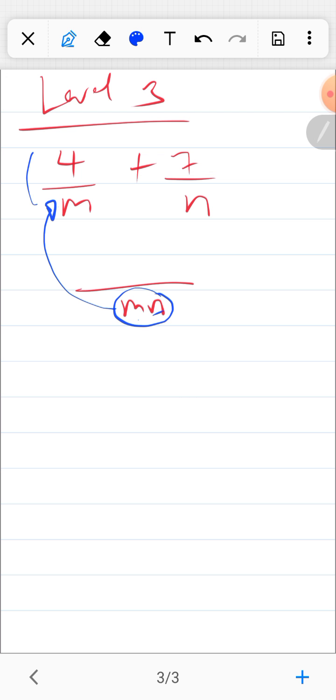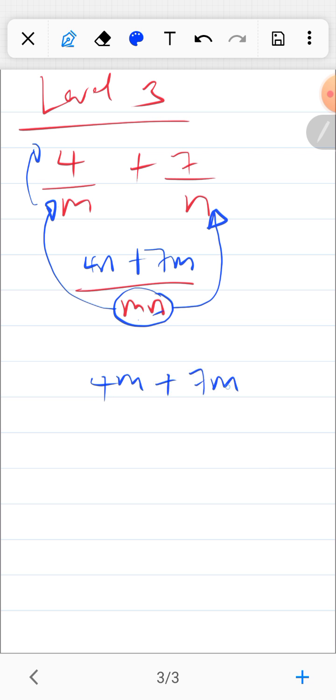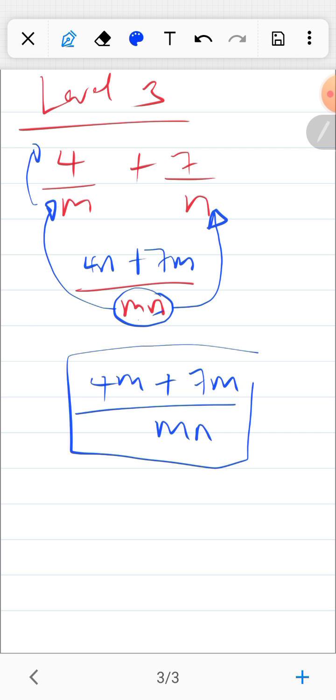That n times 4, I'll get 4n. Same thing here, mn divided by n, I get m. m times 7, 7m. So I have simplified that fraction because I cannot simplify it any further at this stage.